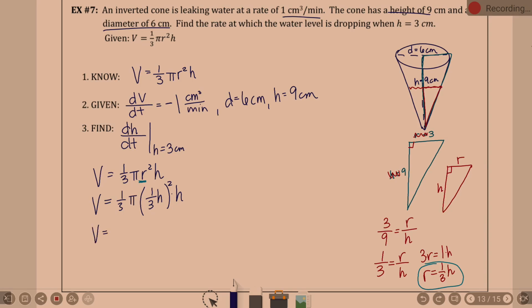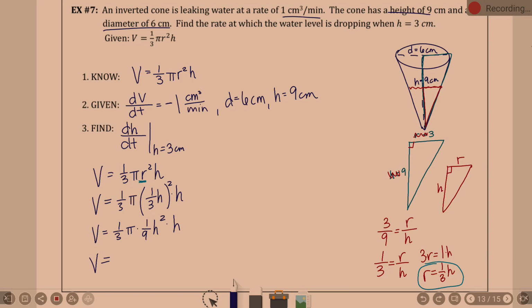Okay. Let's see. 1/3 pi, 1/3 H times 1/3 H is going to be 1/9 H squared times another H. I want this as one expression. Multiply all that together. Ignoring pi, I just want fractions, variables, pi still in there.